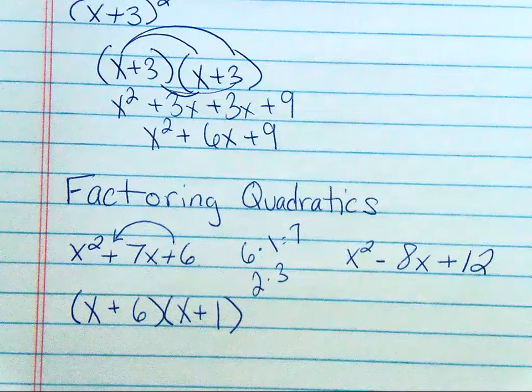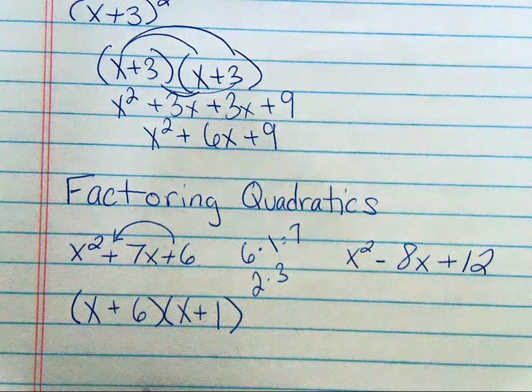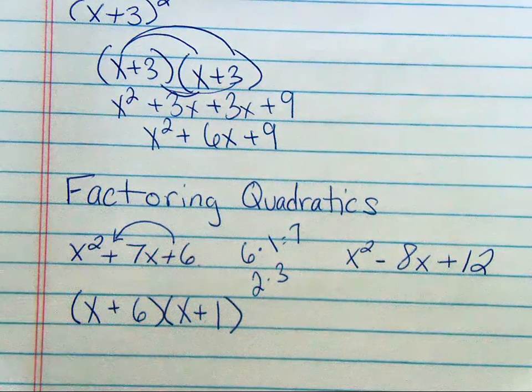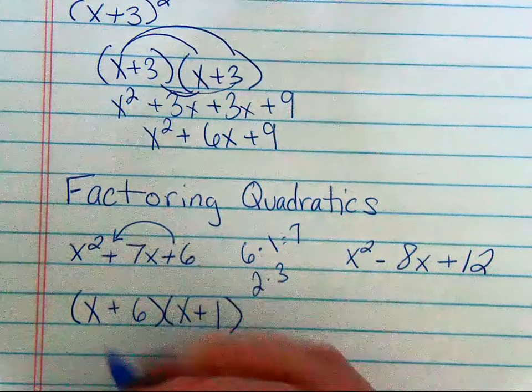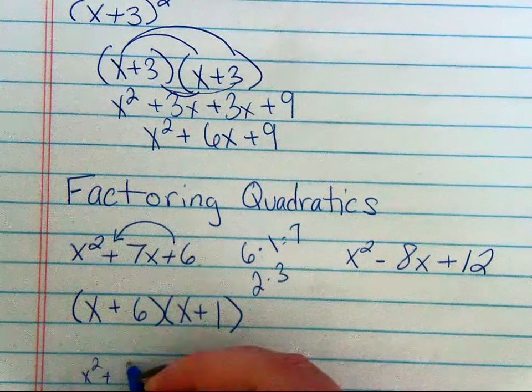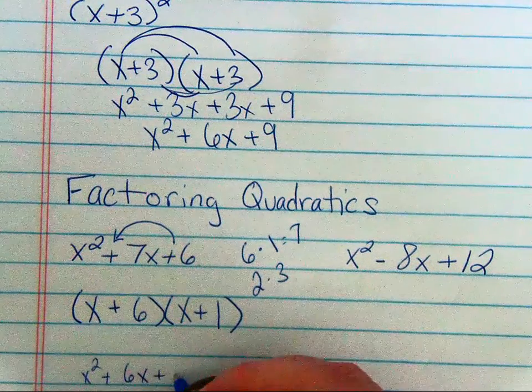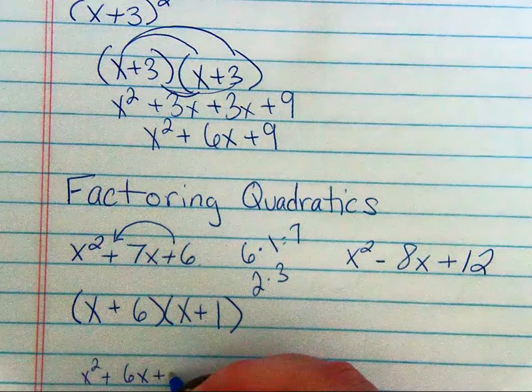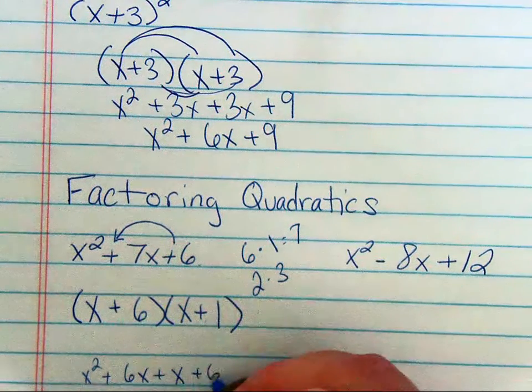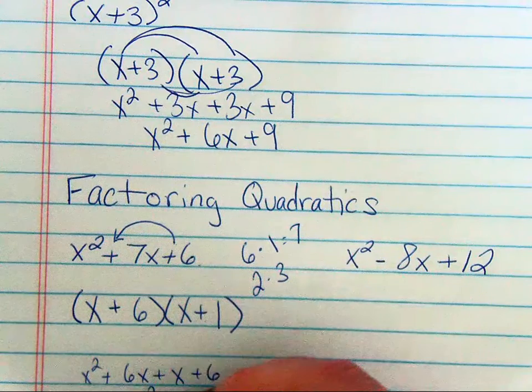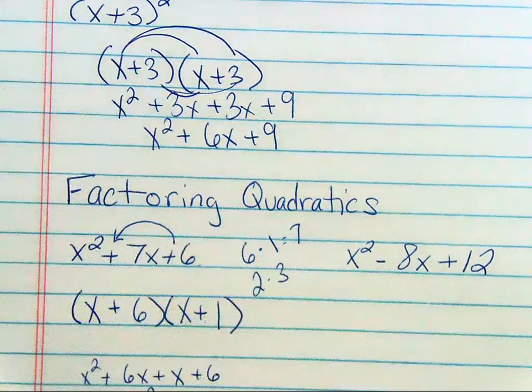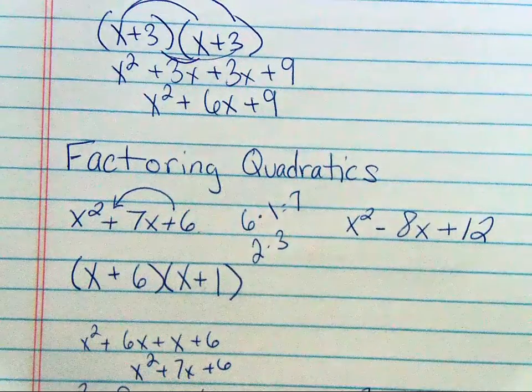And I know this is correct because if I check it by FOILing or distributing, I get x squared plus 6x plus x plus 6, which gives me x squared plus 7x plus 6. So I can check it that way.